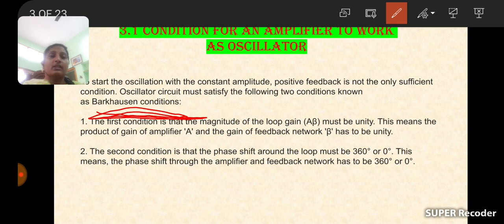So what is the first condition? The first condition is that the loop gain must be unity. How much is it? Unity. And this means the product of the gain of amplifier A and the gain of feedback network beta has to be unity. Is it clear?